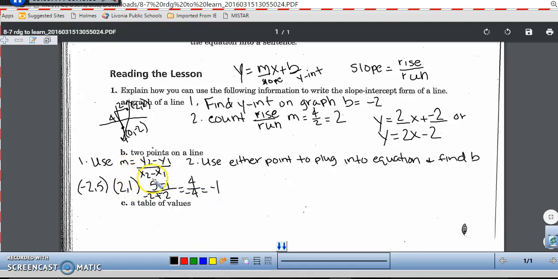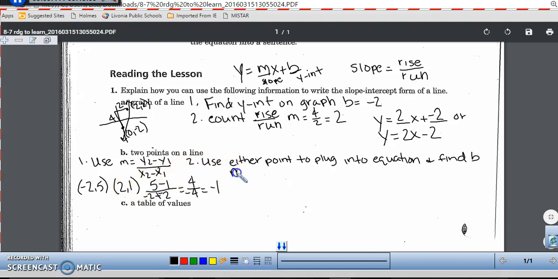Now I have an m, and if I take either one of these points, I have an m and a b. Now looking at these 2 points, it doesn't matter which one you pick, but I tend to use the one that looks a little more user-friendly, so I will pick ones that don't have negatives. You'll get the same answer no matter which one you use.